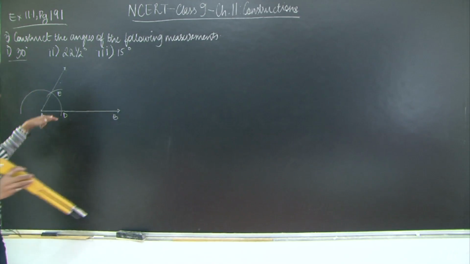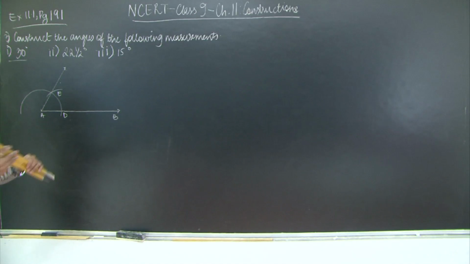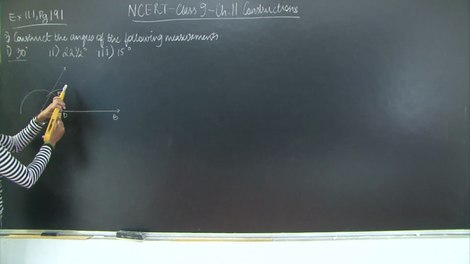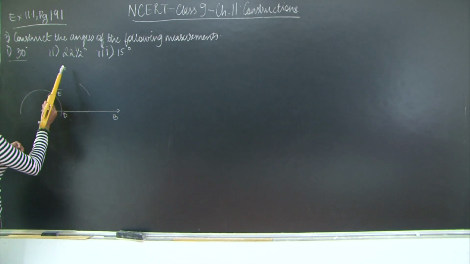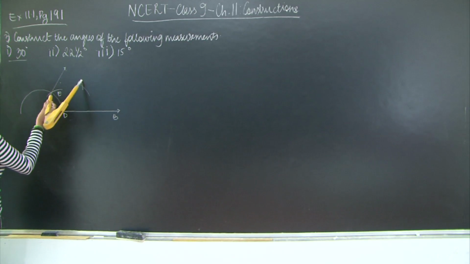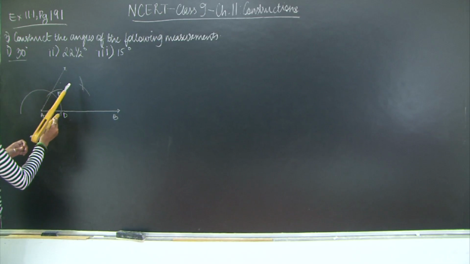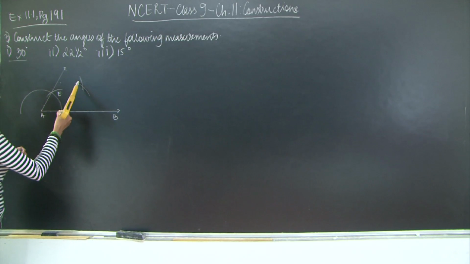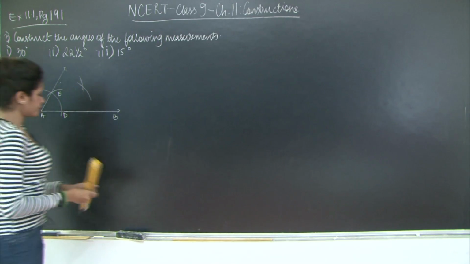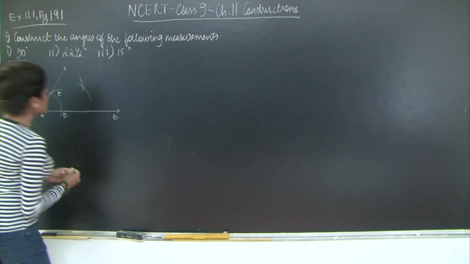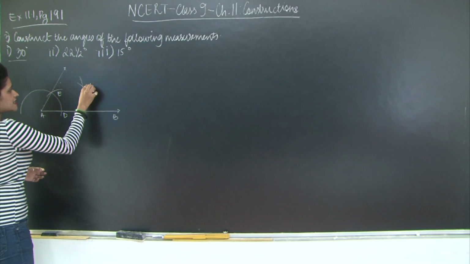So we already have arcs for EAD. I'm going to take these arcs over here and draw 2 arcs of the same length. And I will call this point of intersection of the 2 arcs F.